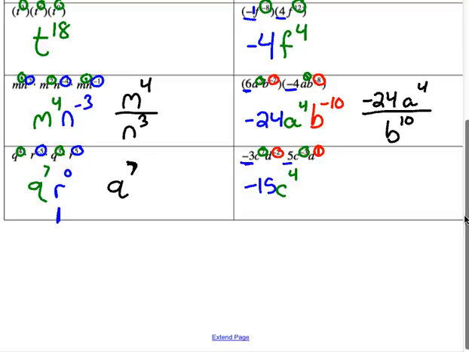Negative 2 plus 1 leaves me with a negative 1. So recall the negative 15 is absolutely fine. C to the 4 is fine. But on the bottom, well, that d has a negative 1 exponent, so it needs to move down to become d to the 1. Or again, you don't even have to show the first exponent. You could just write it as a d down in that denominator.